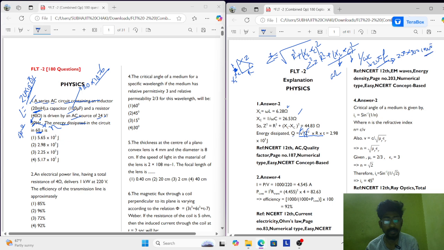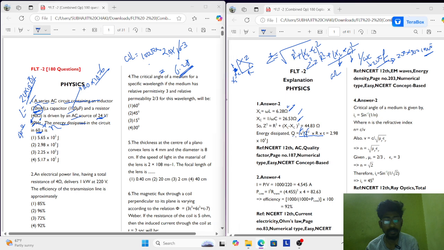What will be the omega L? Omega is 100 pi, L is 20 × 10^-3, so the powers of ten cancel out, and 2 into 3.14 means 6.28 ohm. XC equals 1 by omega C, and you can calculate it by the same procedure. There is no need of the voltage here.